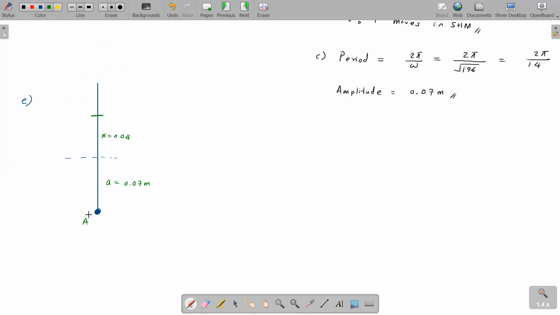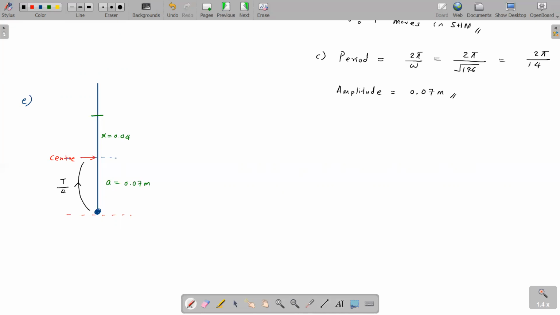I want the time taken to go from A to this point. How do we find the time taken to go from the amplitude to the center? It is a quarter of the periodic time. Do you recall? The time taken to go from the amplitude to the center is always a quarter of the periodic time.